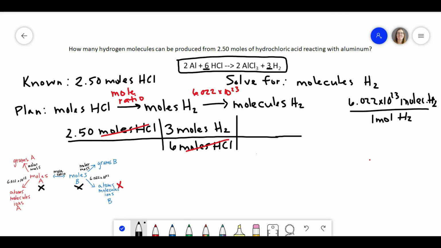Okay, that's the conversion factor. Of course, since it's a ratio, we can flip it over if we need to, but in this case, we will leave it as I just wrote it.